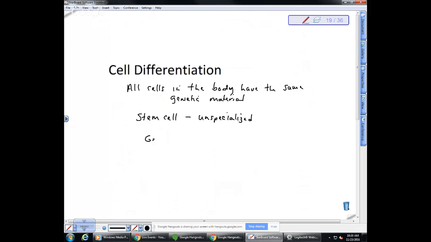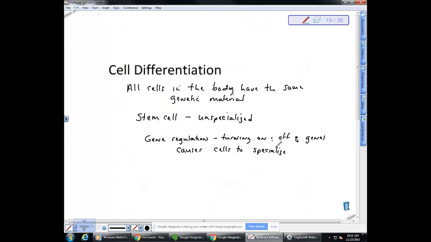So gene regulation, which can be described as the turning on and off of genes, causes cells to specialize. And sometimes they specialize so much that they can't even reproduce after that.